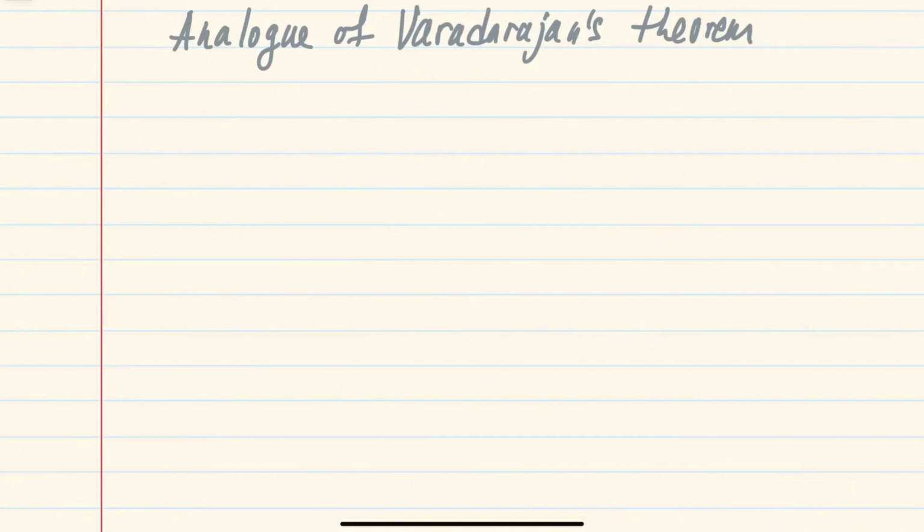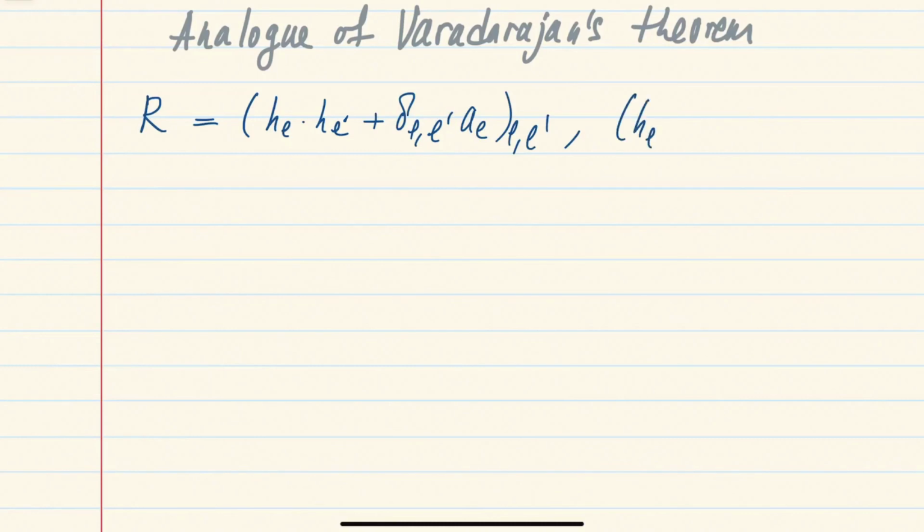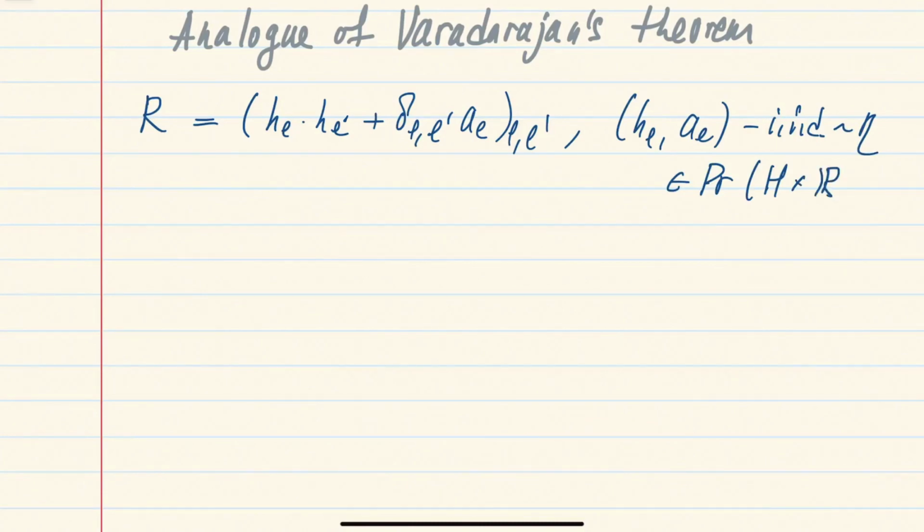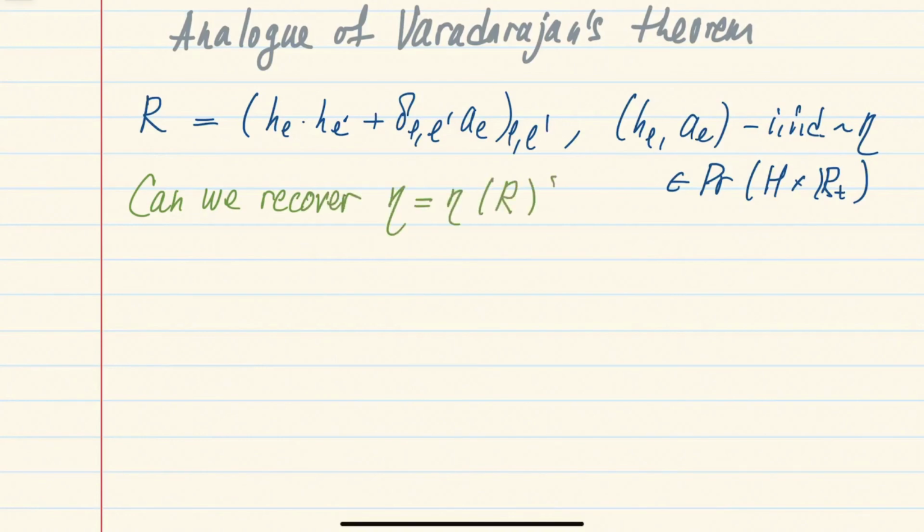So let's suppose that we have our array, and instead of in distribution, let's say that it's generated exactly by some IID sequence H_L, A_L, as above, an IID sequence from some probability measure on the product of the Hilbert space with a positive half line. And the question here is, can we recover this measure from this array? In other words, as a measurable function of this array.